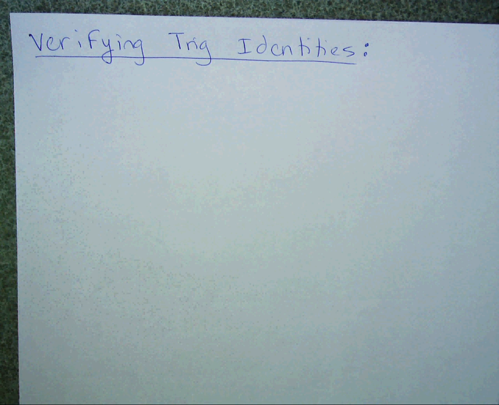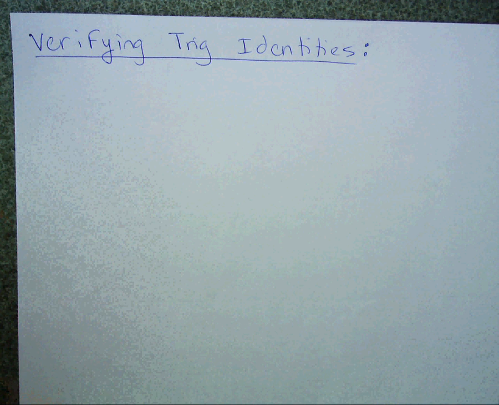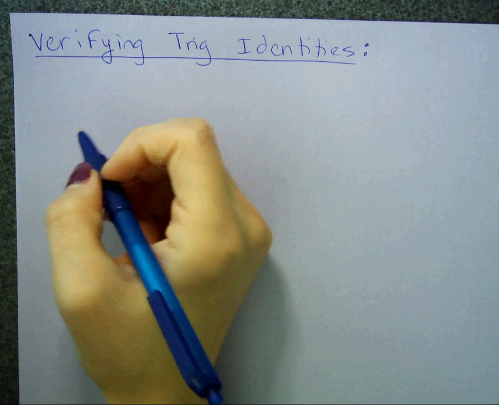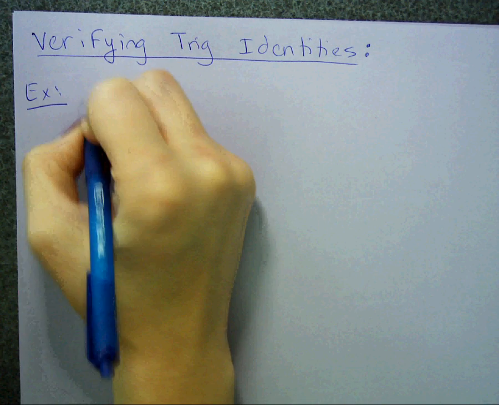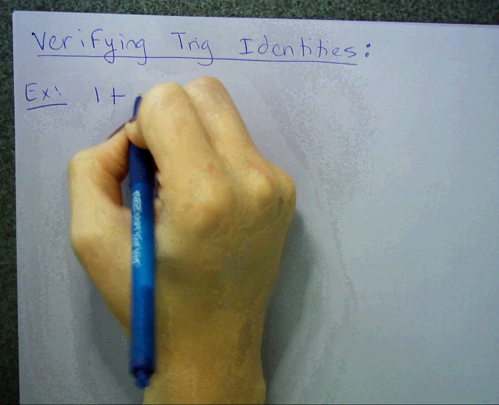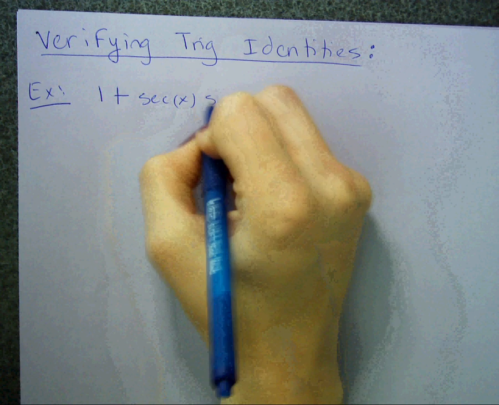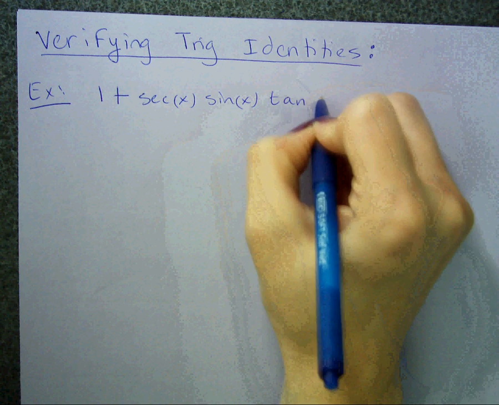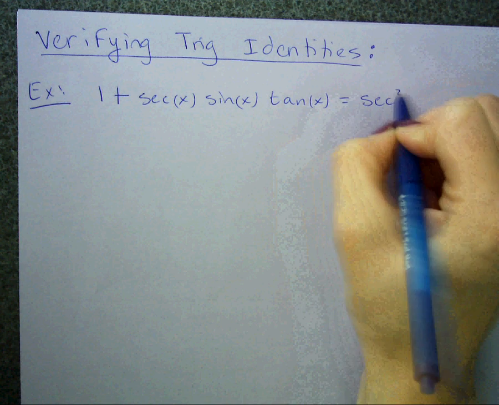So now we're looking at verifying identities, and so we want to use all of our algebra skills, all of our identities that we've talked about, to make one side look like the other. So what do I mean by that? Let's say I have 1 plus secant of x, sine of x, tangent of x equals secant squared of x.